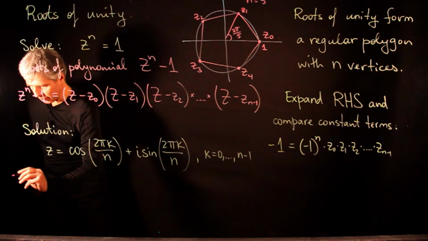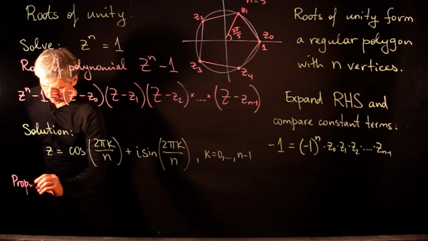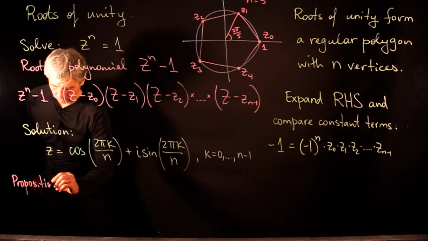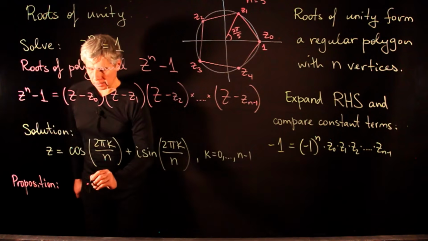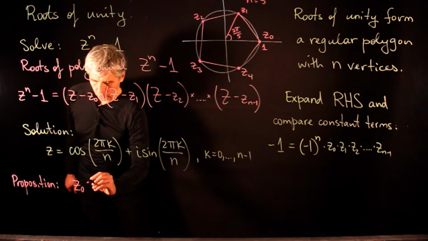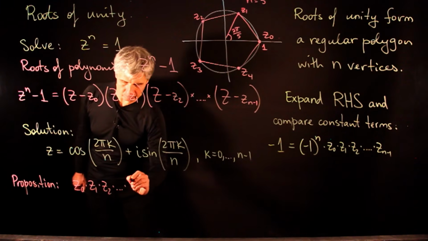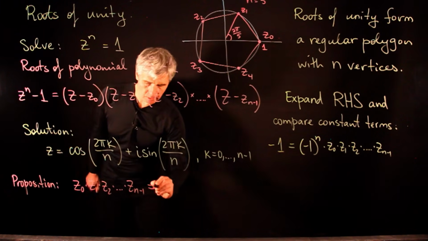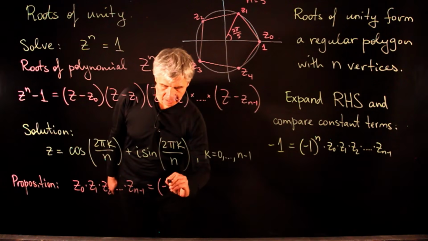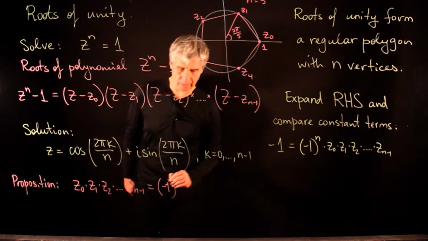And we get the following proposition: that the product of roots of unity is equal to minus 1 to the power n minus 1.